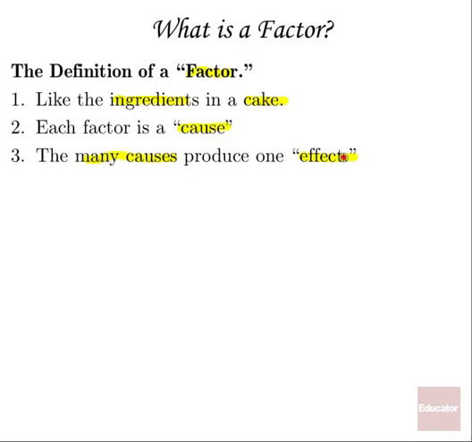Well, sugar, flour, chocolate, eggs, maybe some frosting. You put all those factors together, you have the effect of a cake. And things like urban crime, any kind of social issues, often many scientific issues, there are many causes for a single effect, and we're going to call that a factor.